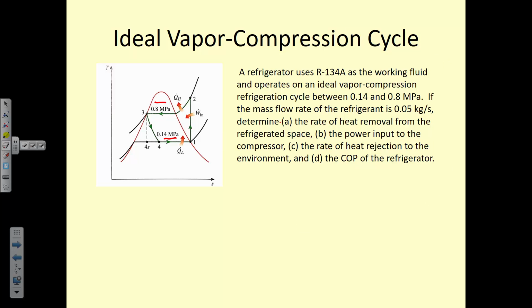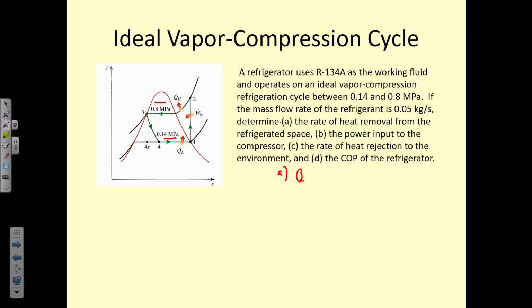So let's talk about these quantities that we need to find. So A, the heat removal from the refrigerated space, what is that? What are they talking about? What term? Q loss? Q dot L. Don't call it loss, because L is for load, not loss.